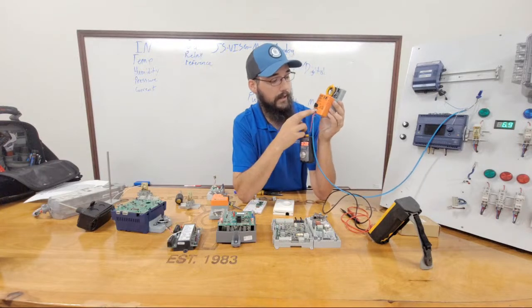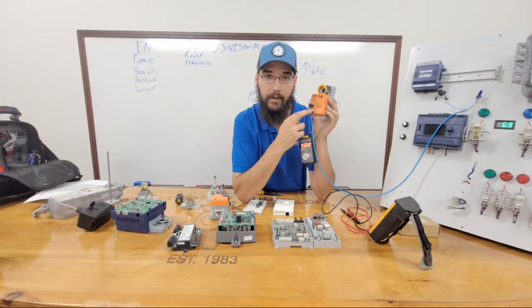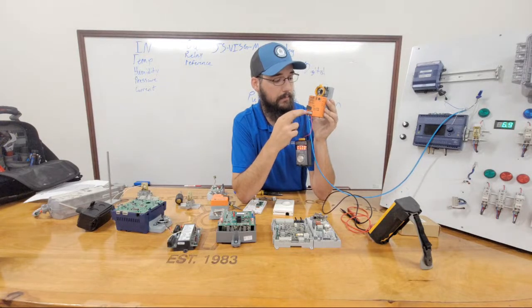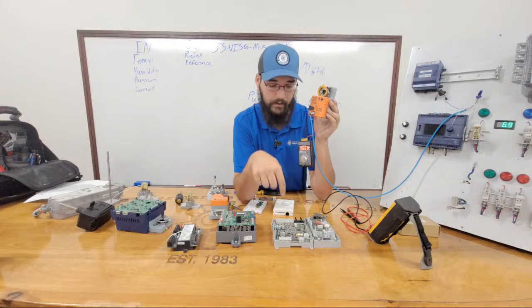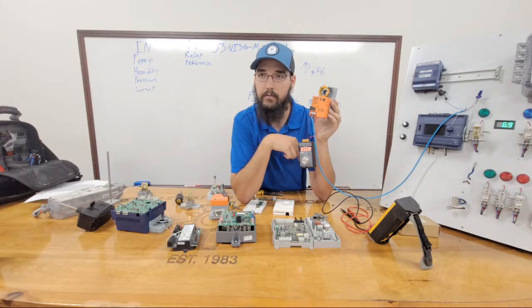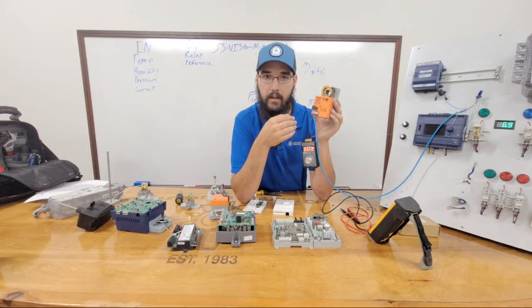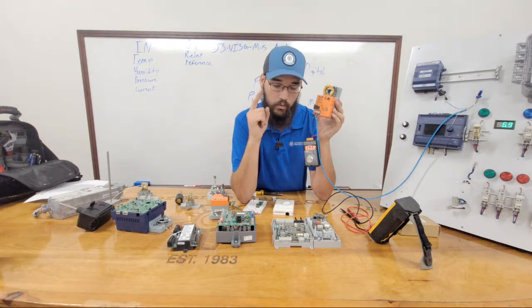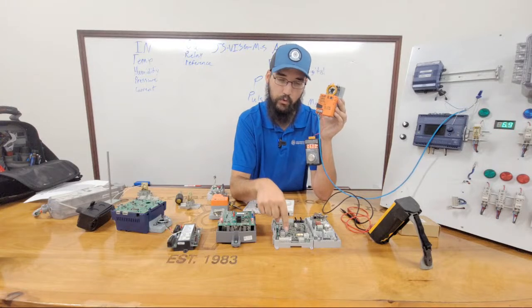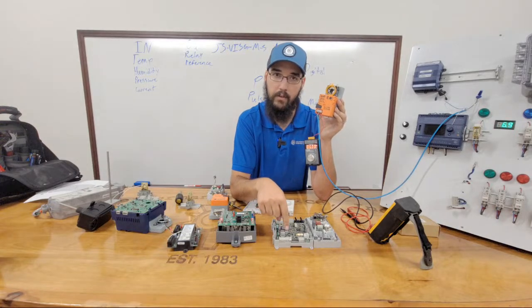What you would want to read is between your common and your reference terminal, your reference input, is that controller actually sending any kind of control voltage to it? If the answer is no, don't just automatically assume this controller.